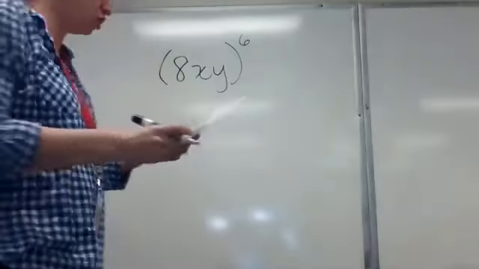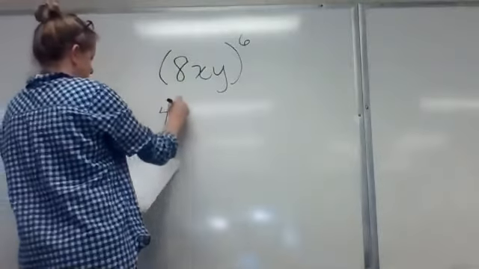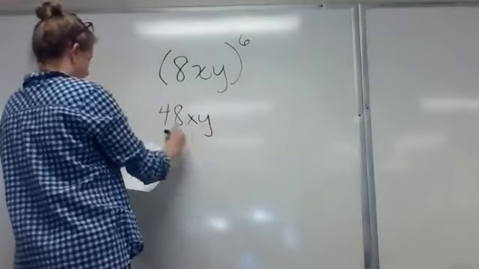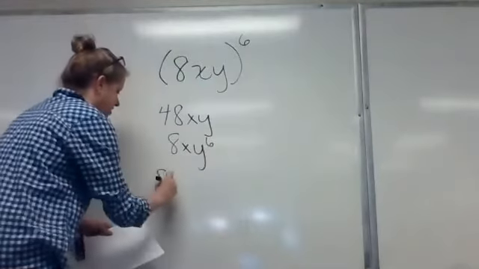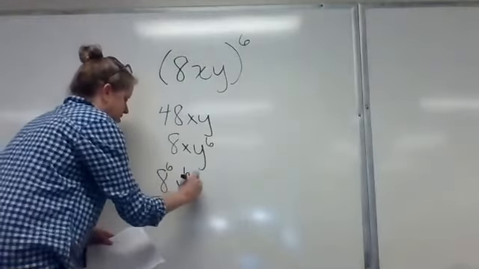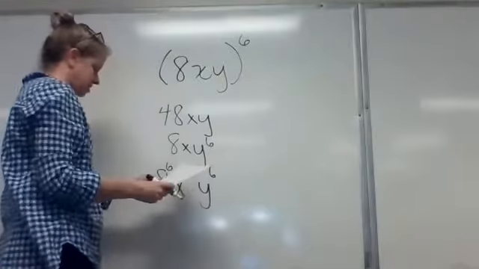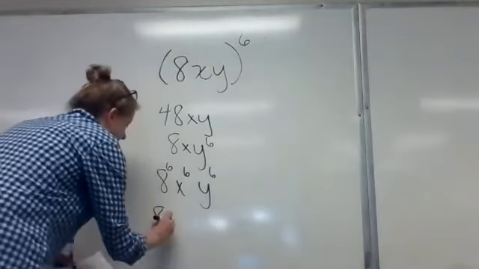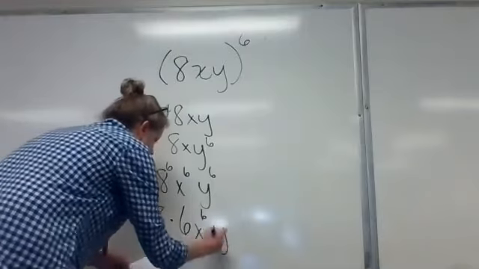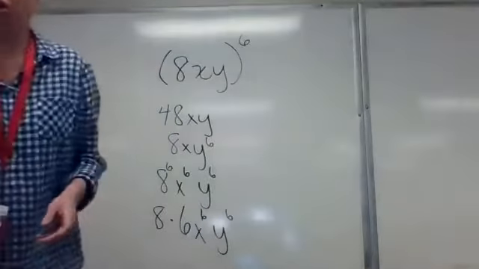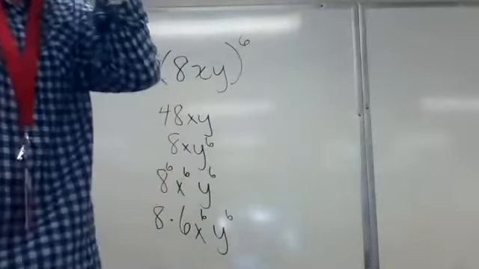Now, this one is multiple choice, so let's look at our different choices. 48xy, 8xy to the 6th, 8 to the 6th, x to the 6th, y to the 6th, and 8 times 6, x to the 6th, y to the 6th. So what it wants you to do is pick which one that goes with.